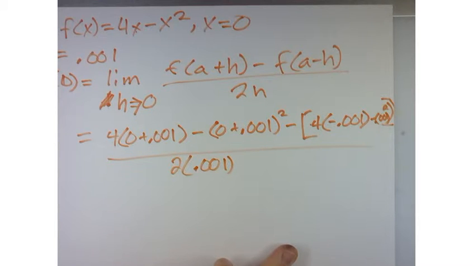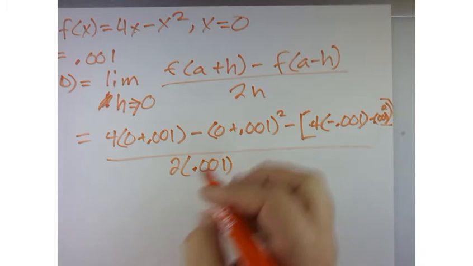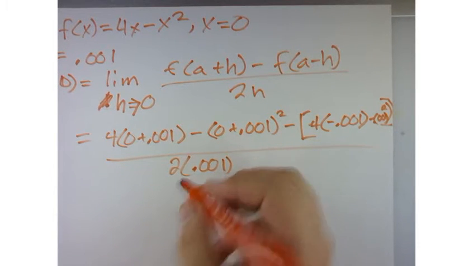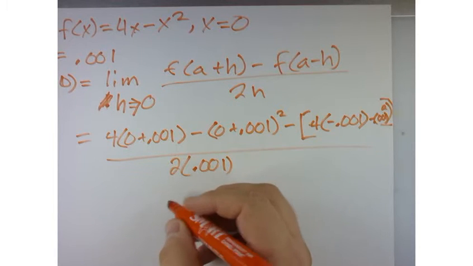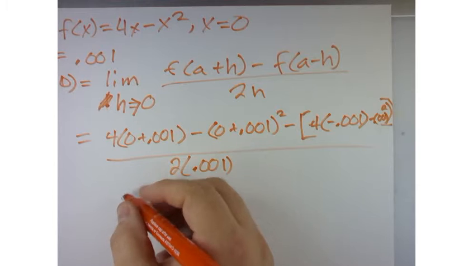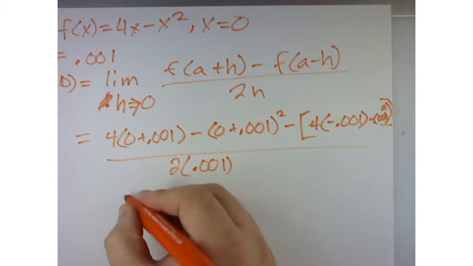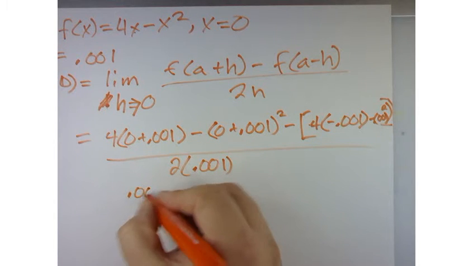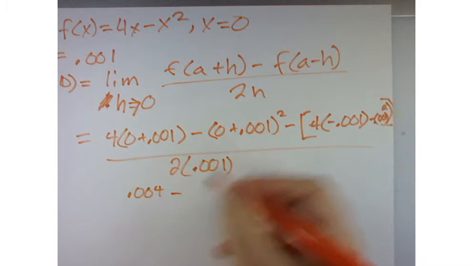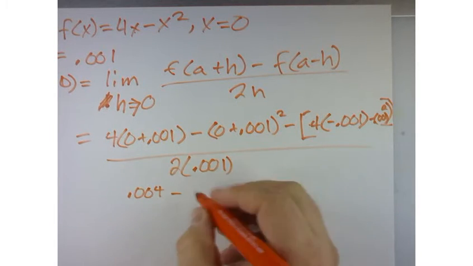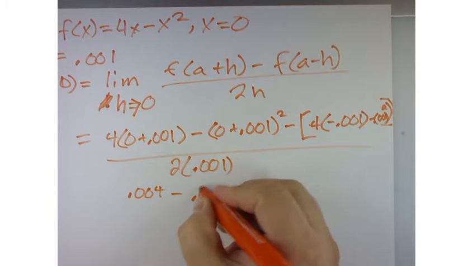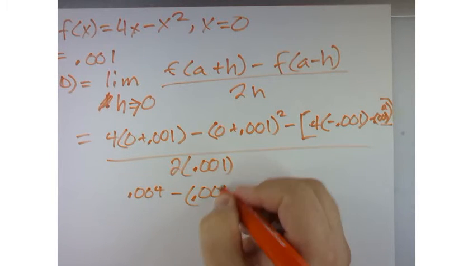Okay? Now if I clean that up a little bit and distribute it, what I actually end up with is 4 times 0.001 is 0.004 minus, what is 0.1 squared? Wait, on the top, is that 4 parentheses negative 0.001 minus 0.001 again?